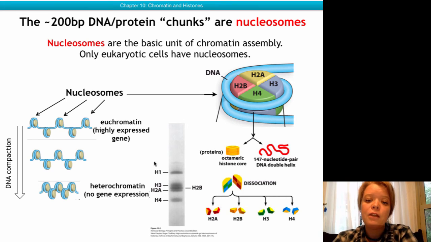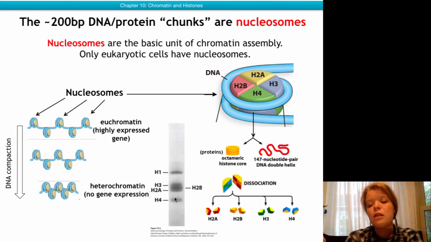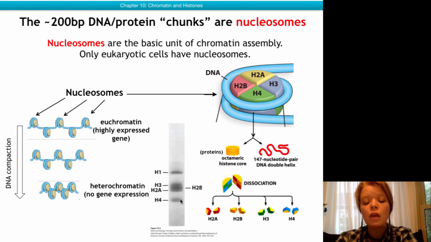If you take these proteins, you can run them on a gel the same way as you can run DNA, not because proteins are all negatively charged, but because if you put them into a very high electric field, they do develop a charge. And so they can be separated. You can see here that they're all about the same size. There's 2 A's and 2 B's, very similar.